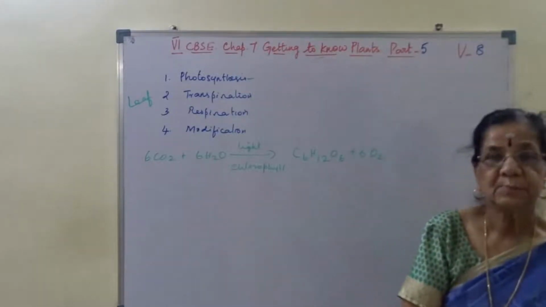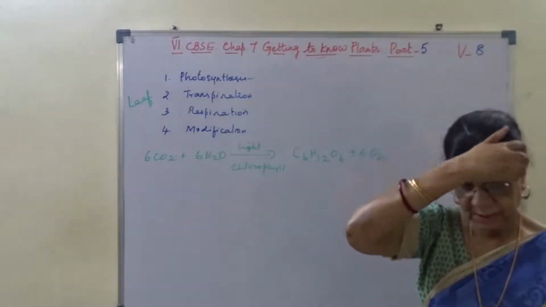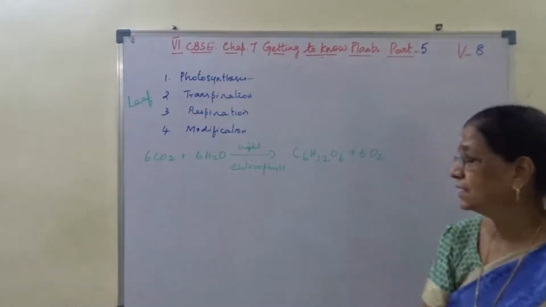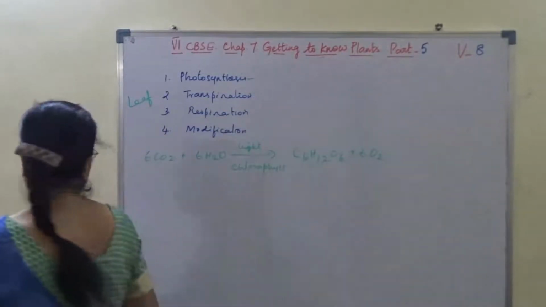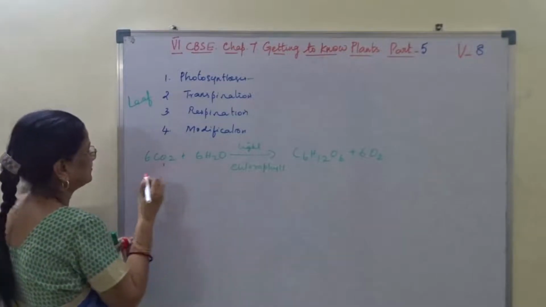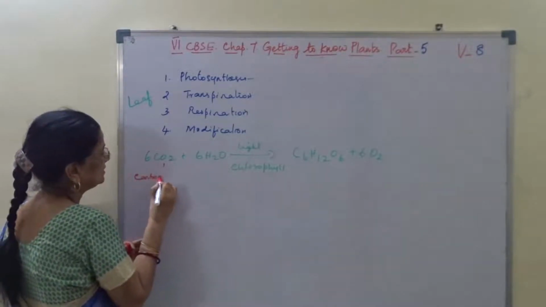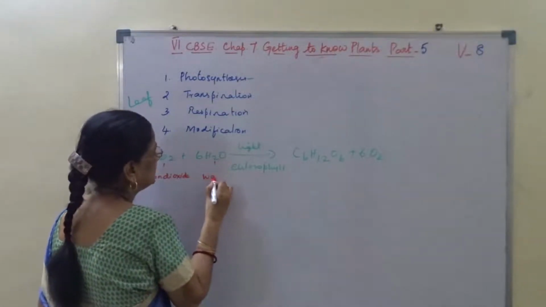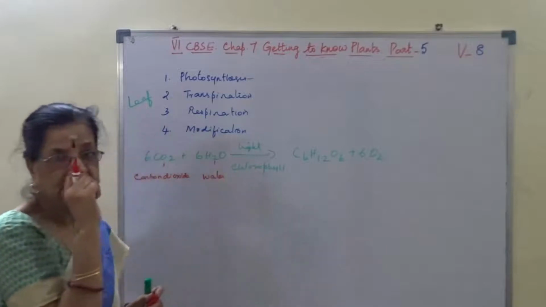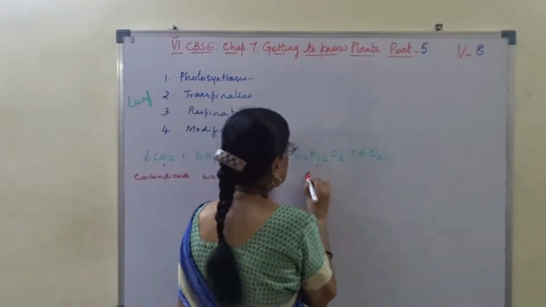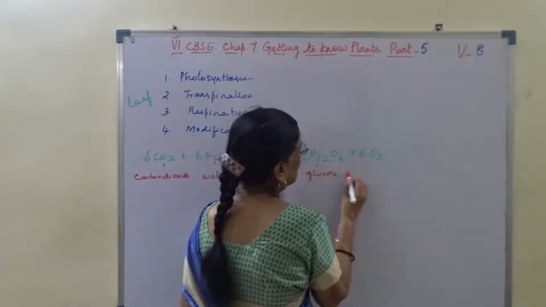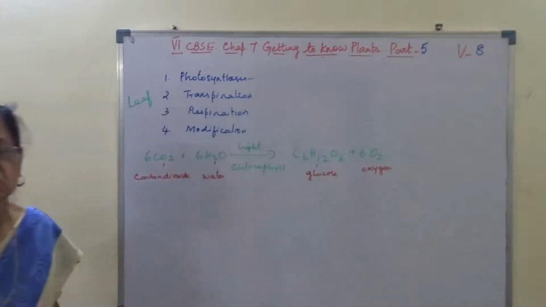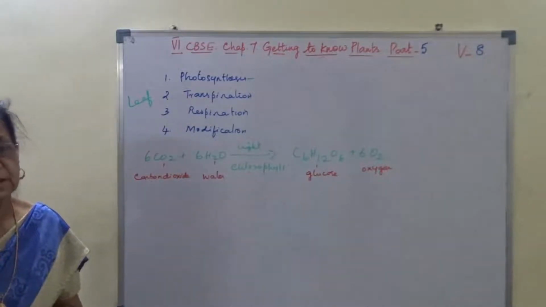Here I have used symbols. By now in chemistry you would have learned symbols. So the first one is carbon dioxide. This is water. Then sunlight and chlorophyll. And this is glucose, and this is oxygen. I hope you understand.